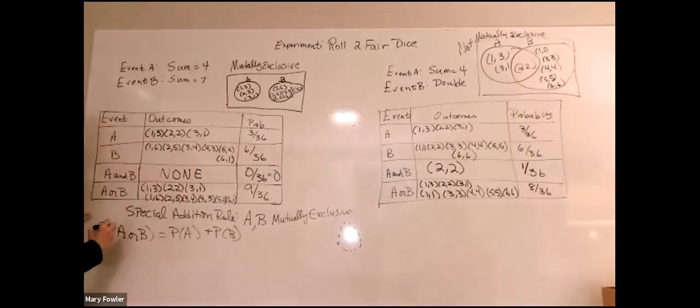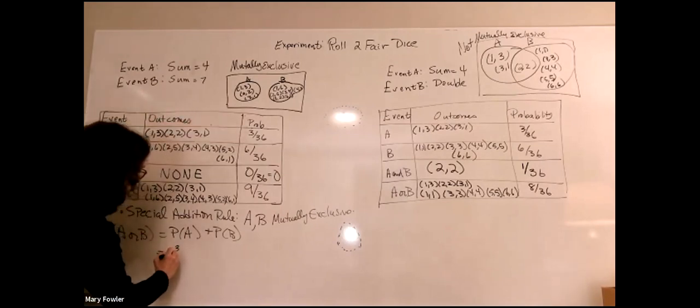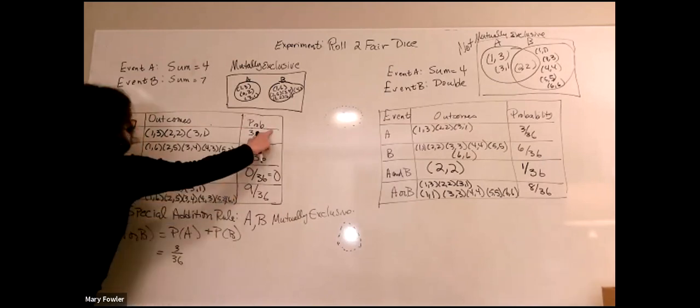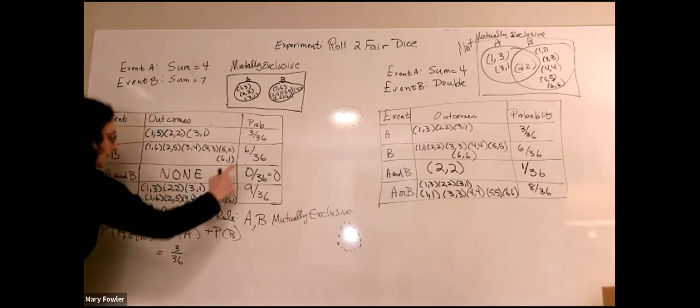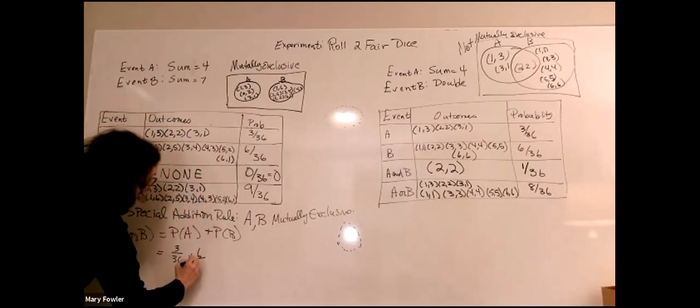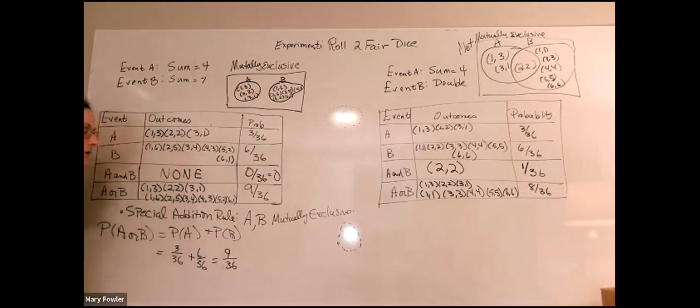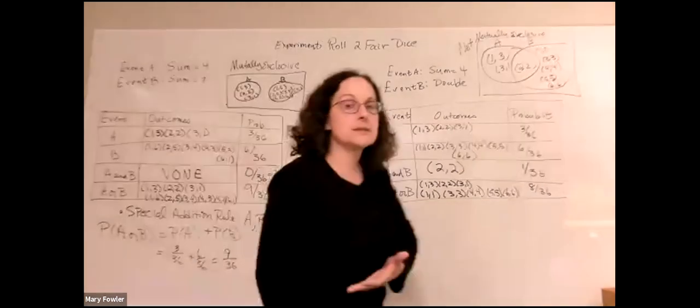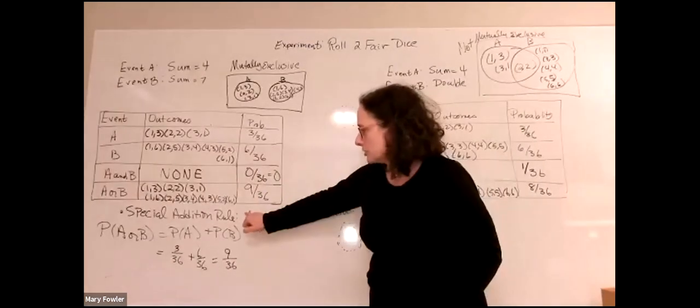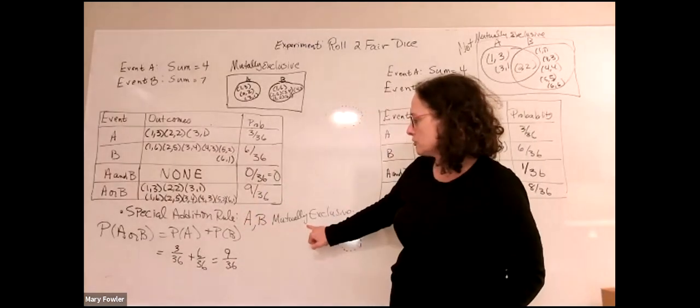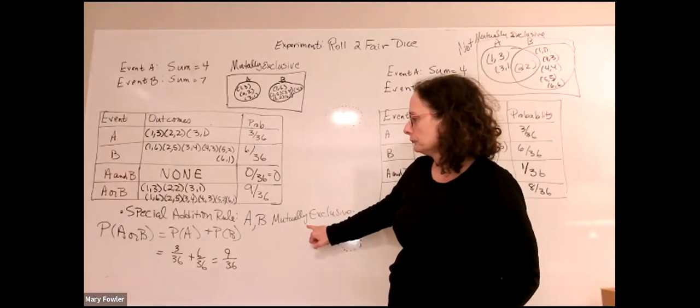Using the special addition rule, we have the probability of A, 3 over 36, plus the probability of B, 6 over 36, which, adding them up, is 9 over 36. That's the special addition rule. We can only use it for mutually exclusive events.